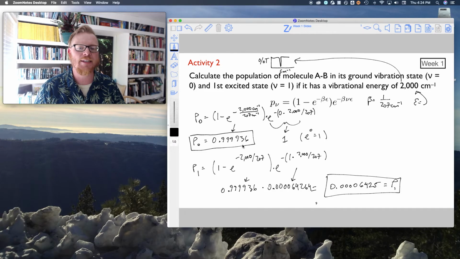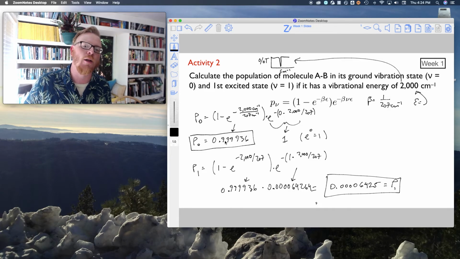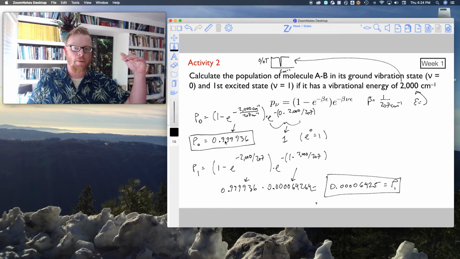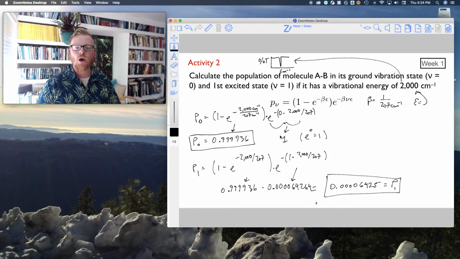Now it's tempting to say, wouldn't the population of the next excited state be 1 minus this quantity? For the most part, it is. However, we still have to accept that there could be populations of molecules in states 3, 4, 5, 6 and so on. So when we calculate the population of level 1 as opposed to level 0, we still have this term in the partition function, which comes out to be the same result.